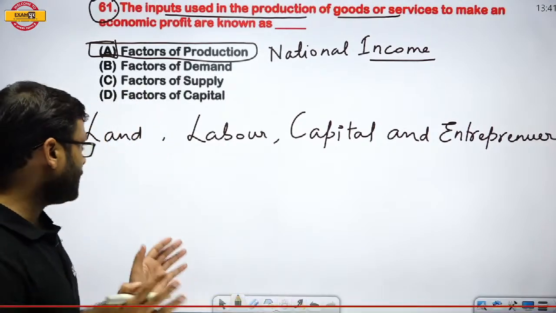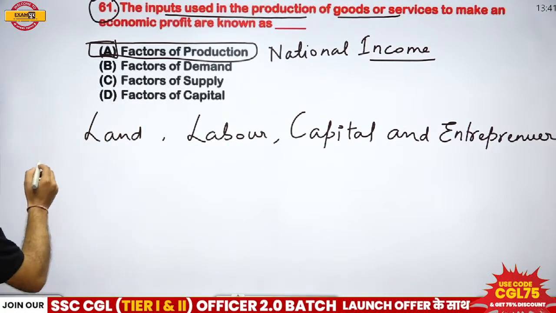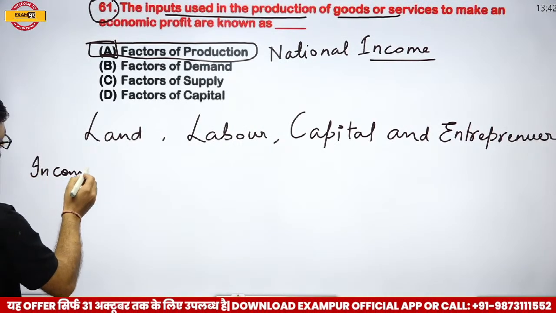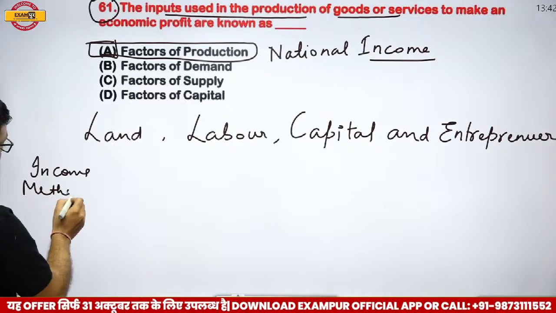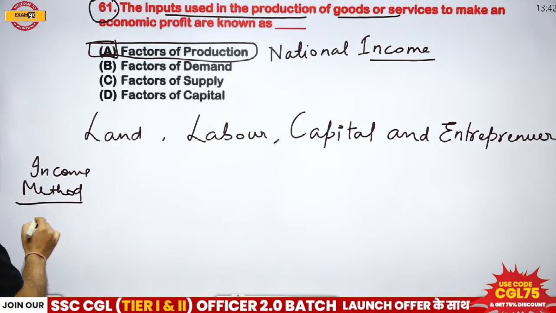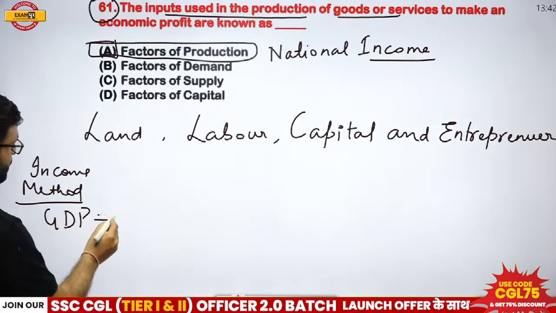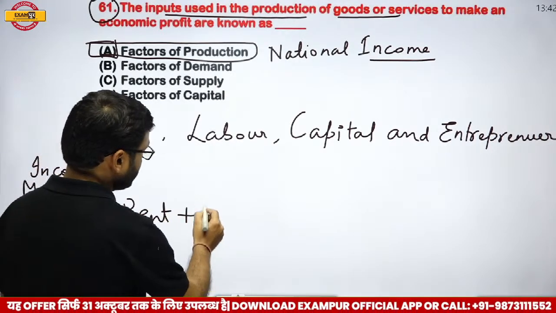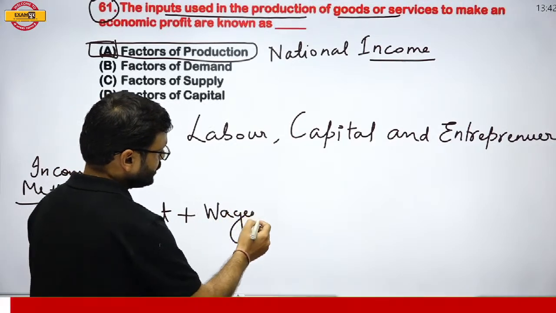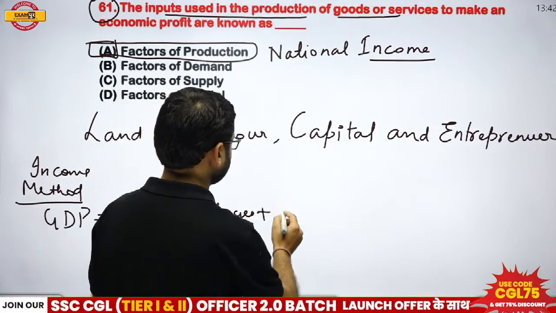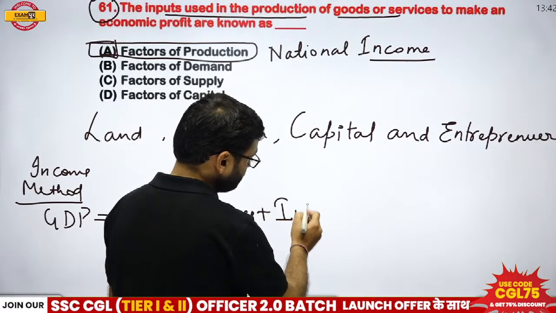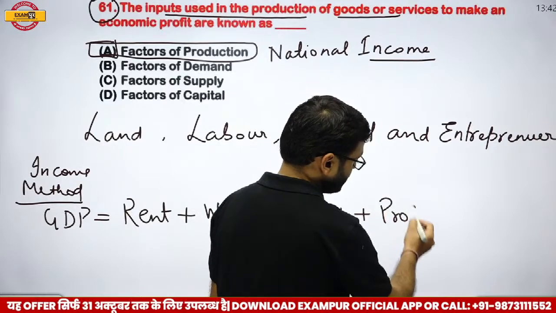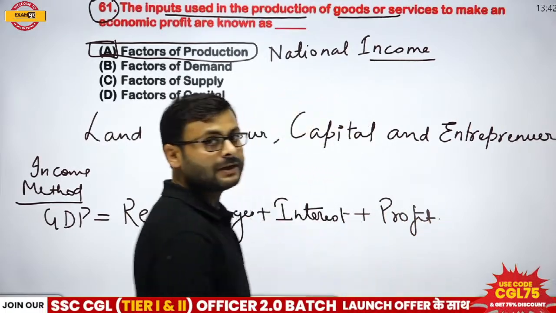Whenever we are calculating the national income by the income method, we calculate GDP by including rent, wages, interest and profit.